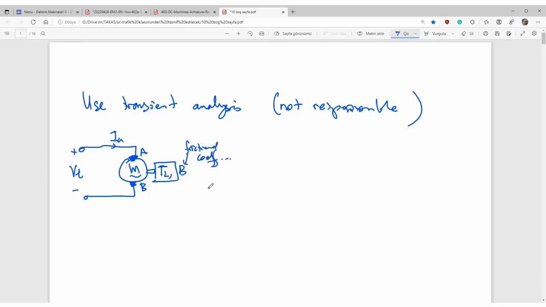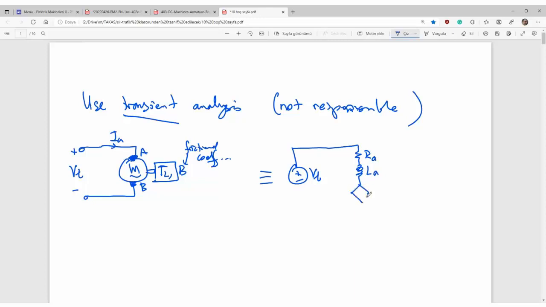In the transient state everything must be defined in differential equations. In the electrical world, for example, you apply a voltage source. Here is the resistance of the armature. Here is the inductance in transient state of the armature.